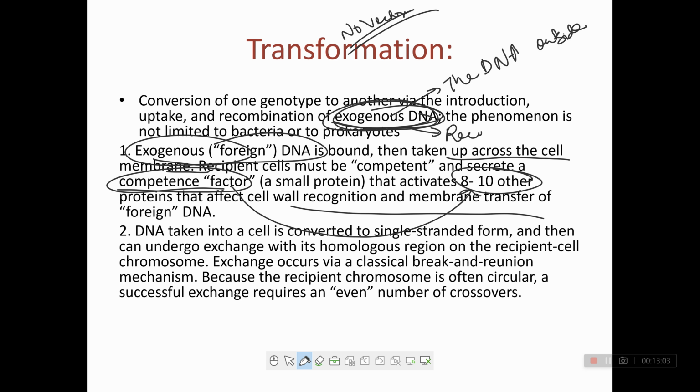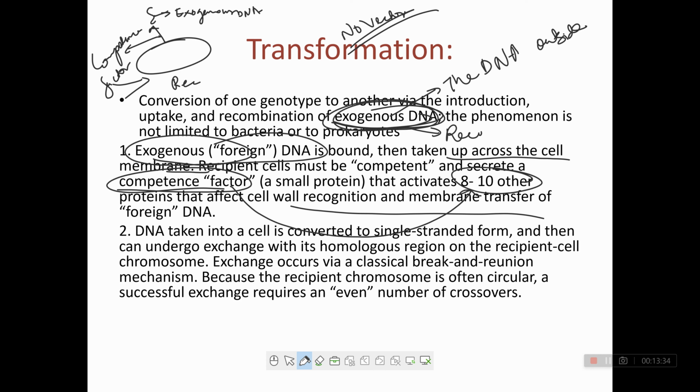Means, suppose this is a recipient cell, right? And here this is exogenous DNA. When this recipient cell sees this exogenous DNA, a competence factor is secreted by this recipient cell.